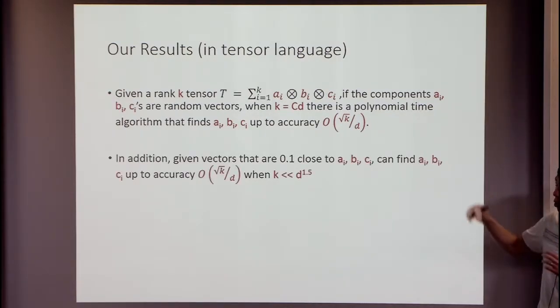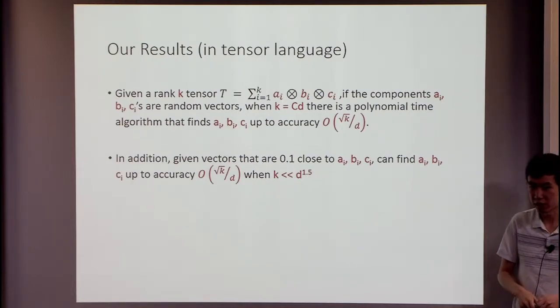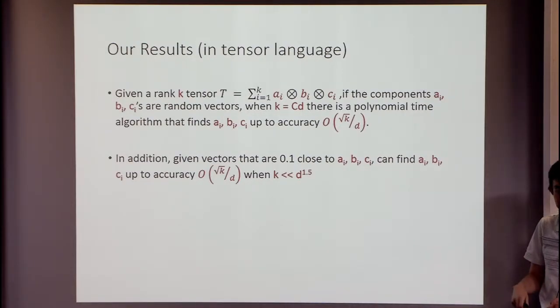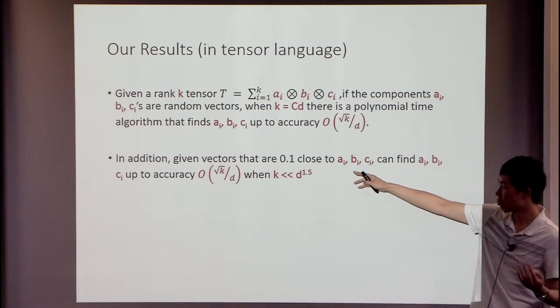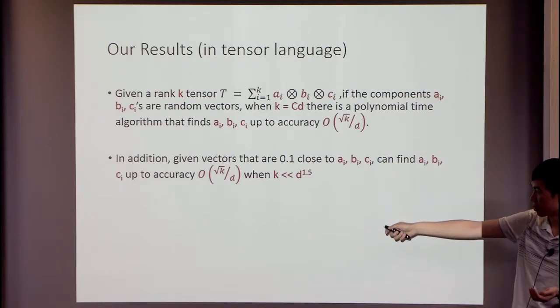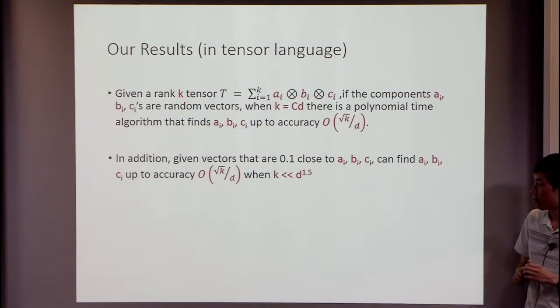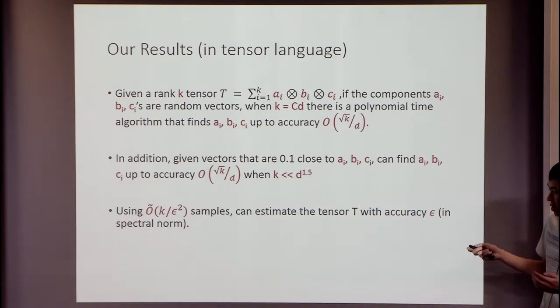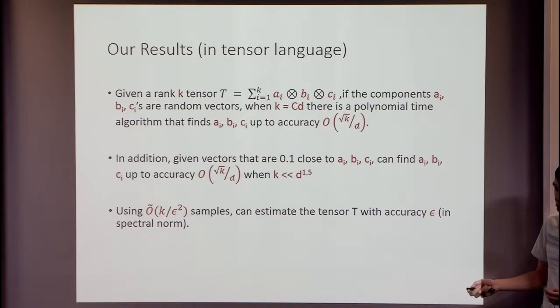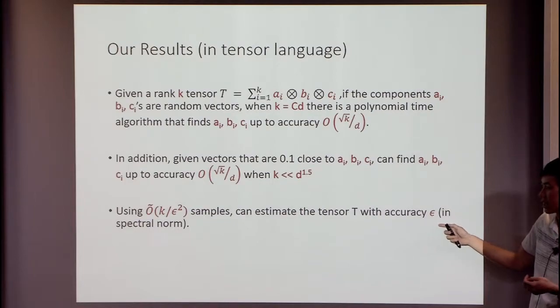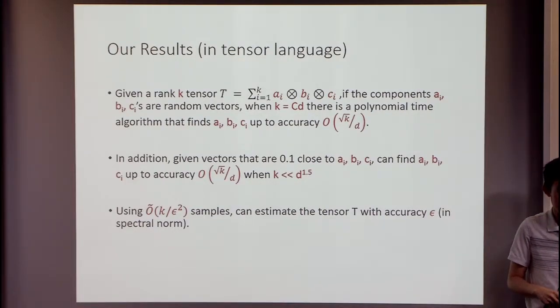And in addition, if instead of just this tensor, we also have very good initialization vectors, in the sense that we have vectors that are constant close to ai, bi, and ci, we can refine these approximate versions of A, B, and C to accuracy order square root k over d. And this works for the more overcomplete setting. And finally, for the sample complexity bound, it will eventually follow from the fact that using order k over epsilon squared samples, we can estimate this particular tensor T with accuracy epsilon in a tensor spectral norm, which I will define later.